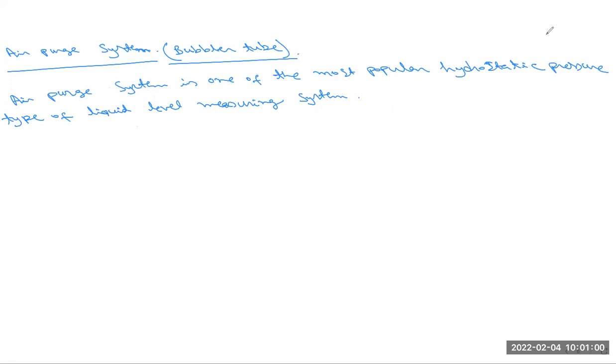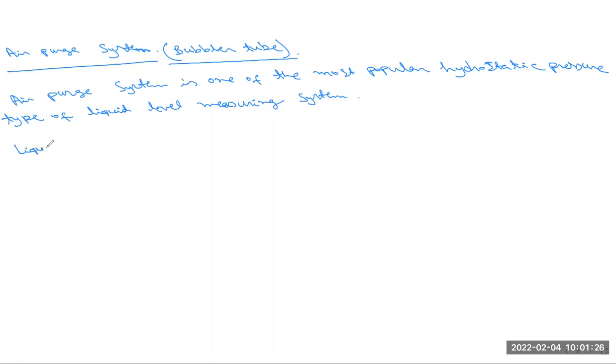Another one is the liquid purge system. When an air purge system is unsuitable for any reason, for example when the air bubbling through the liquid interferes and does not work properly, and environmental errors are coming, then at that moment you use the liquid purge system.